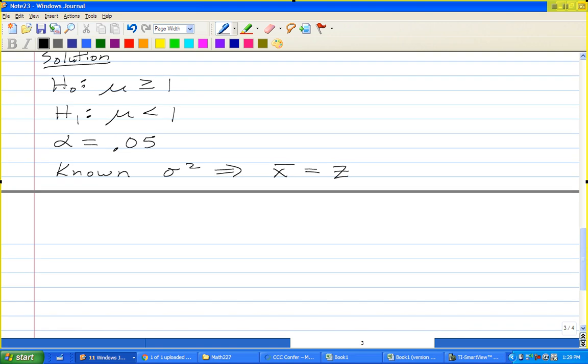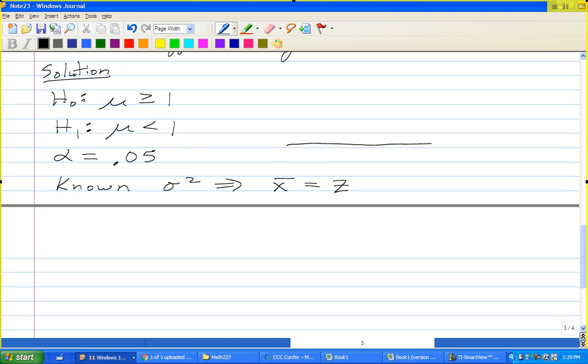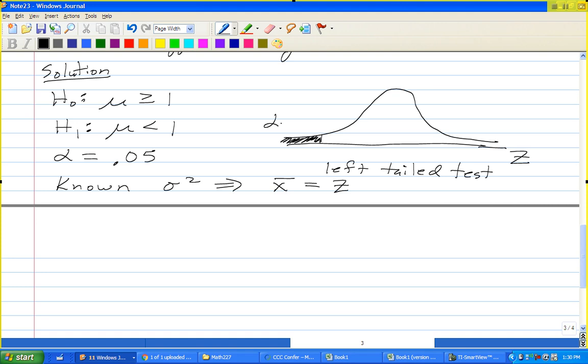So let's draw this. My sampling distribution will be Z. Notice that this is less than, and so this will be a left tail test. And so we're looking at this area, which is 0.05.